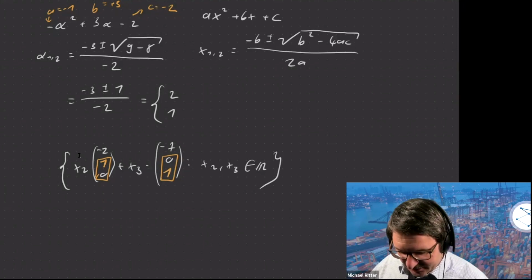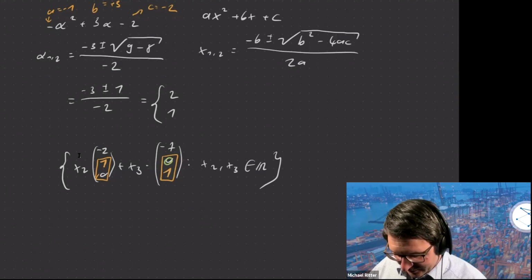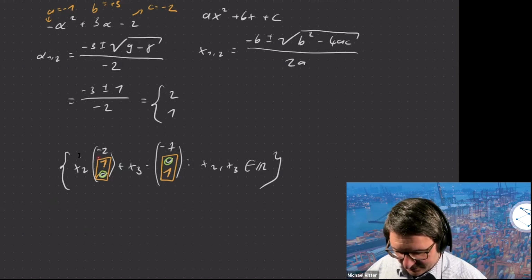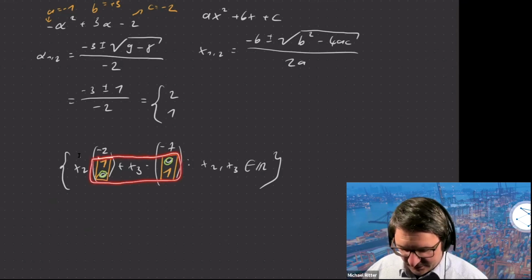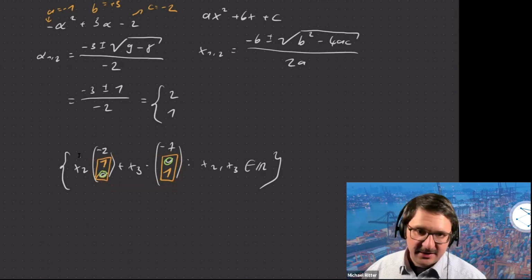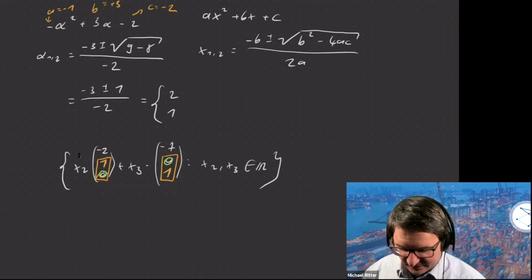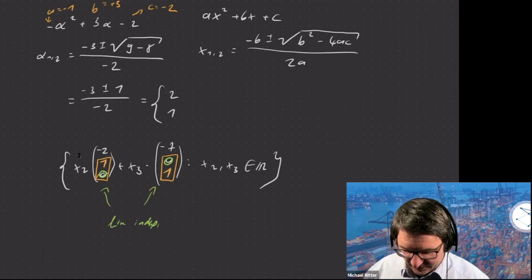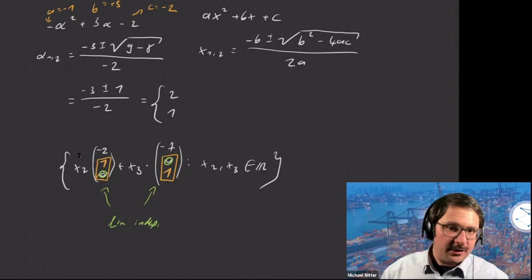And there's always a 0 for all the other free variables. So with these rows here alone, we can see that those 2 vectors are linearly independent. And of course, they span the whole solution space.